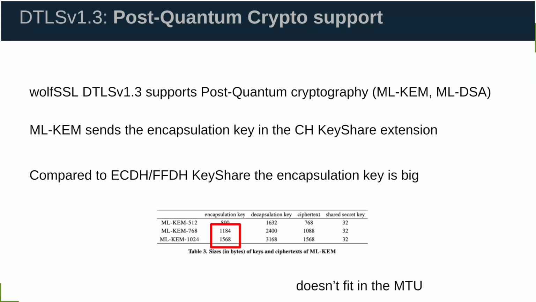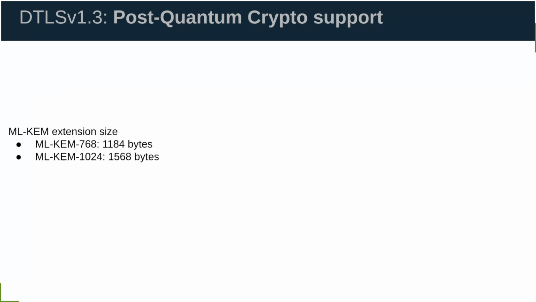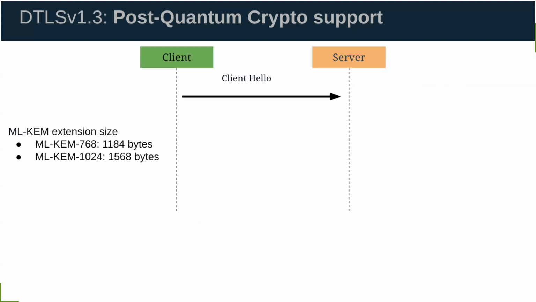So in wolfSSL, what we do is that the first client hello is without the key share. But of course it has supported groups. So the client hello advertises that it will use, for example, ML-KEM, but doesn't provide the encapsulation key.